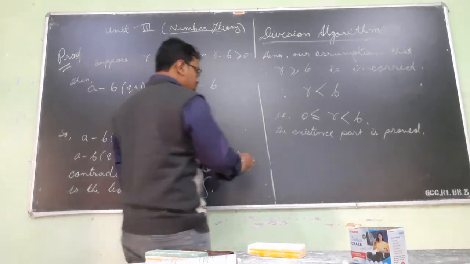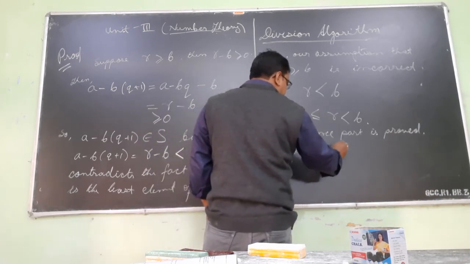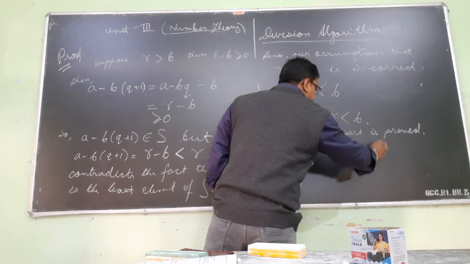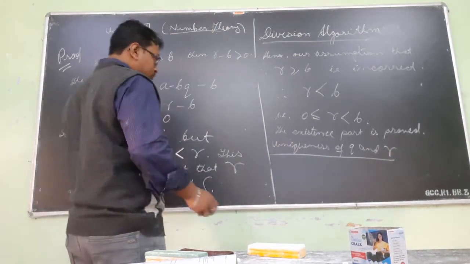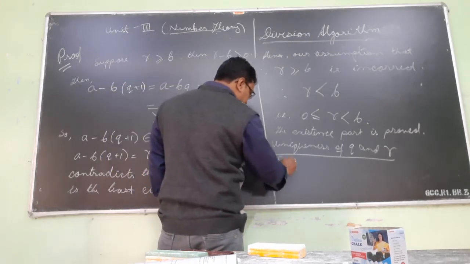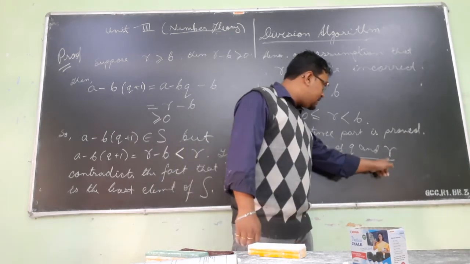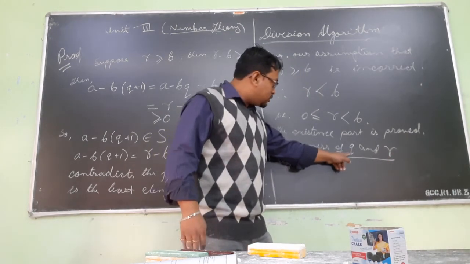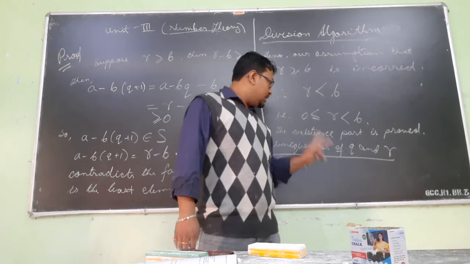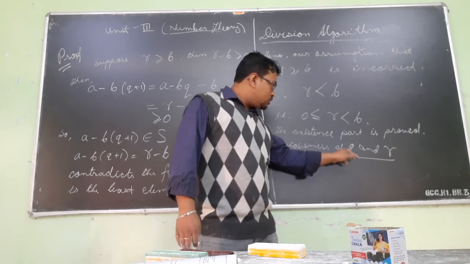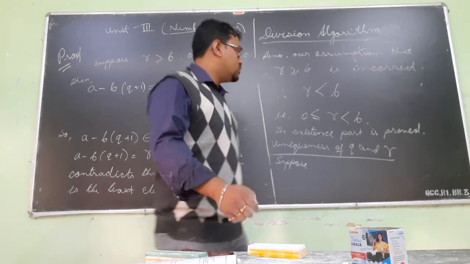So now we deal with the uniqueness of Q and R. Suppose that they are not unique. Suppose I have done the calculation and got Q and R, and somebody else has done the calculation and got Q dash and R dash. Then to show the uniqueness, I should show that Q is equal to Q dash and R is equal to R dash.